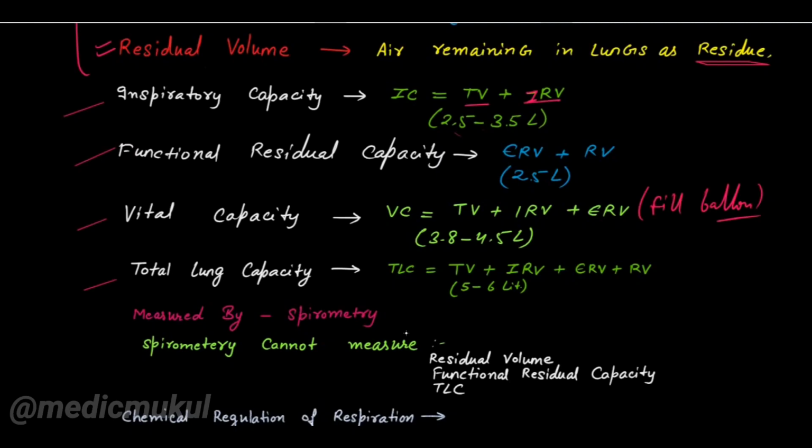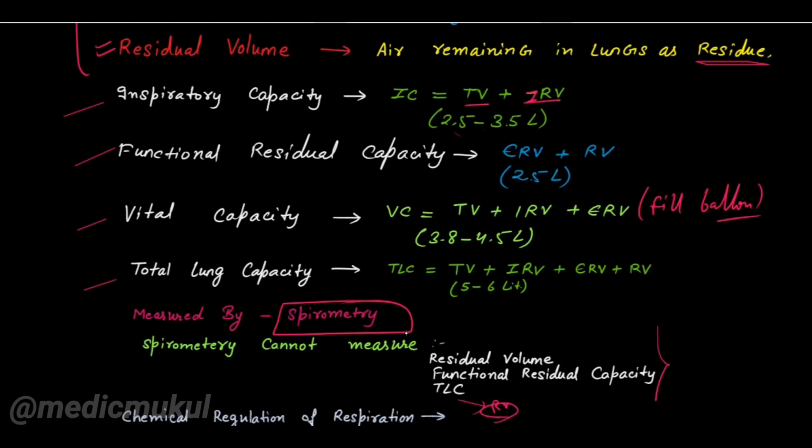How will we measure the respiratory volume? Remember, the respiratory volume is measured by the spirometer. We call it spirometry. But there is a problem with spirometry. Spirometry cannot measure the residual volume, functional residual capacity, and total lung capacity, because total lung capacity also includes the residual volume.